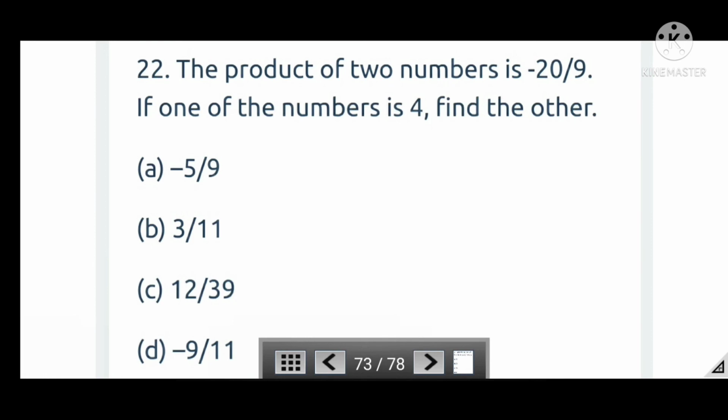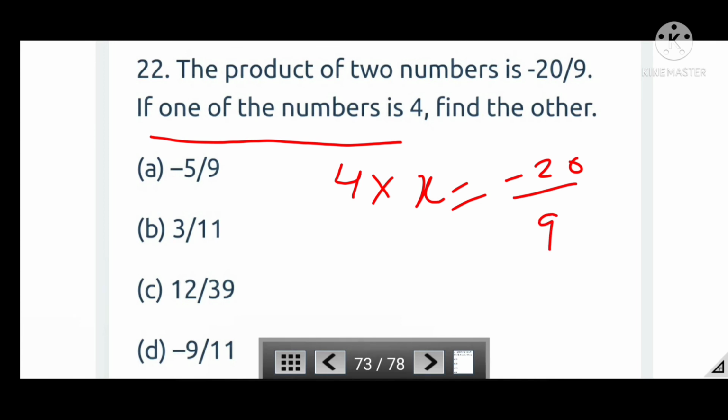Next question, the product of two numbers is minus 20 by 9 and one of the numbers is 4. One number is 4 and let us suppose the other number is x, and the product of these two numbers is equal to minus 20 by 9.